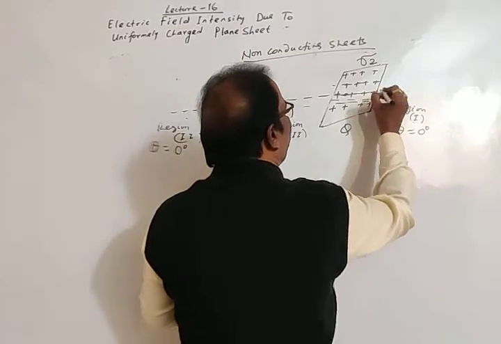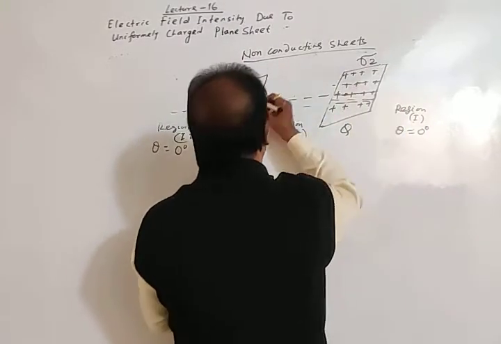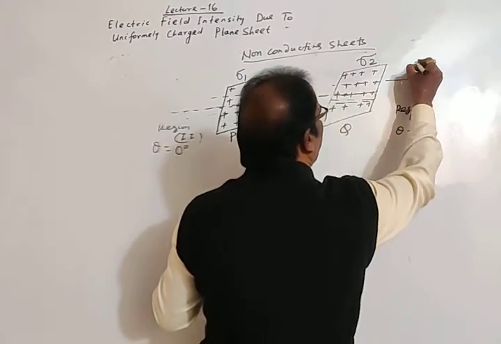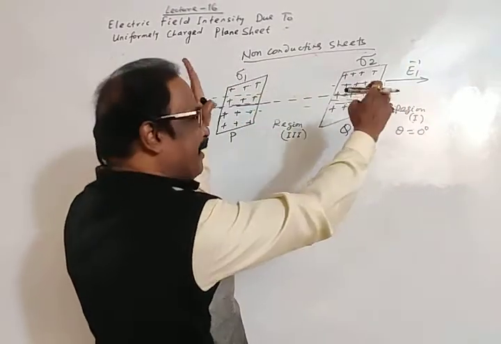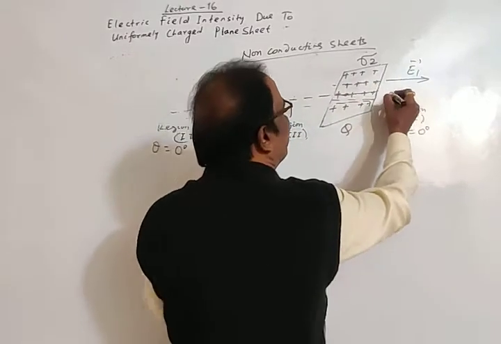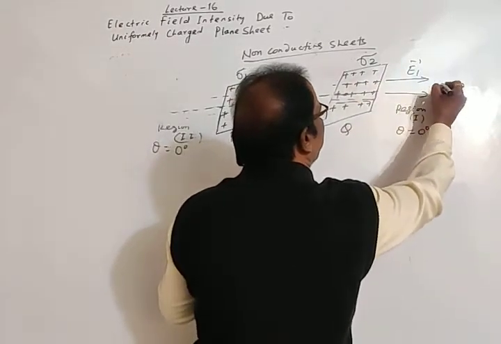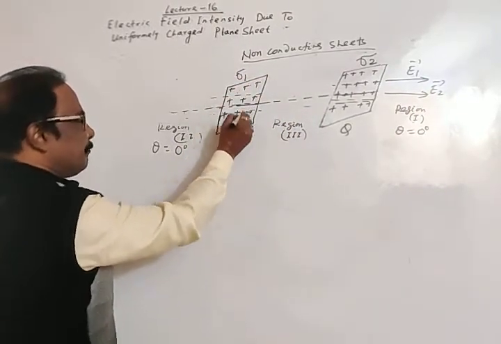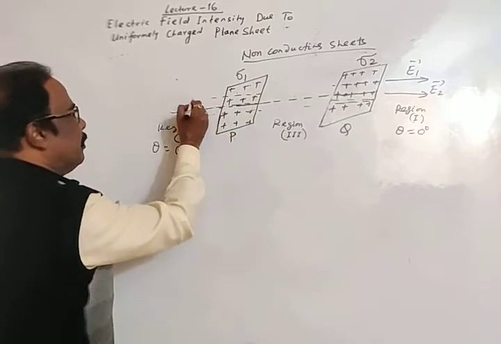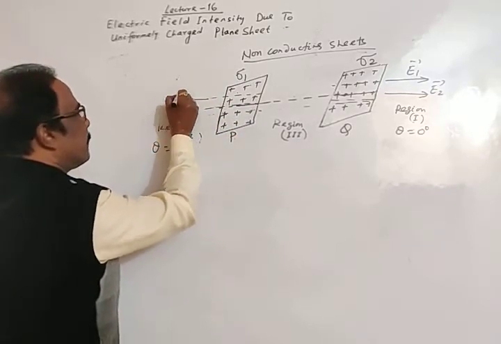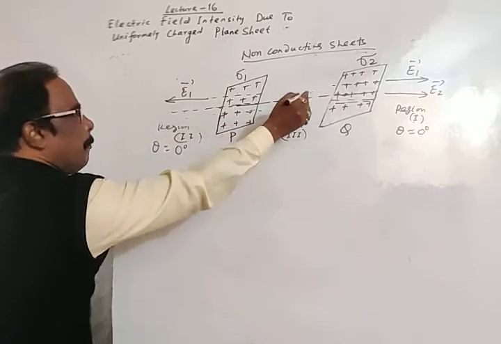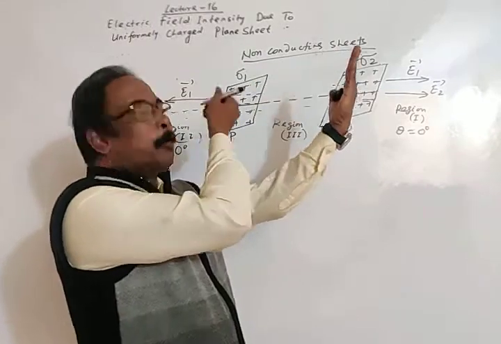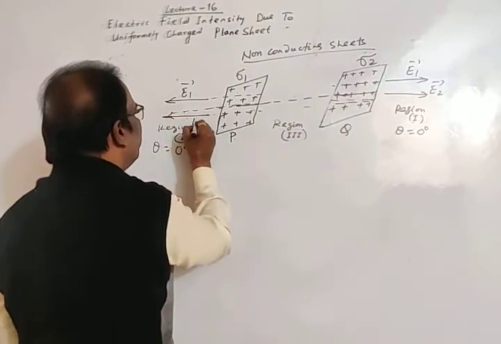Here the electric field due to flat sheet P is E1, away from the surface, and for flat sheet Q the electric field is E2. For sigma 1, the positively charged sheet P, the electric field is along this direction E1, and for flat sheet Q, which is also positively charged, the electric field is outward, E2.